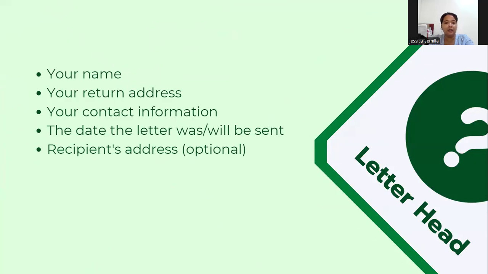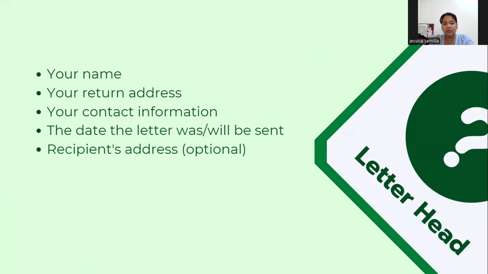So the letterhead, under the letterhead are the following. Of course, your name as the sender of the letter, also the return address, the sender's information or address, and then your contact information. And here also the date when the letter was sent, and of course the recipient address.